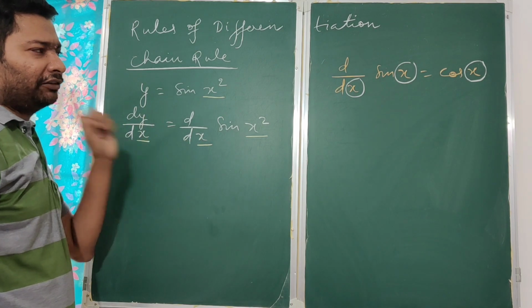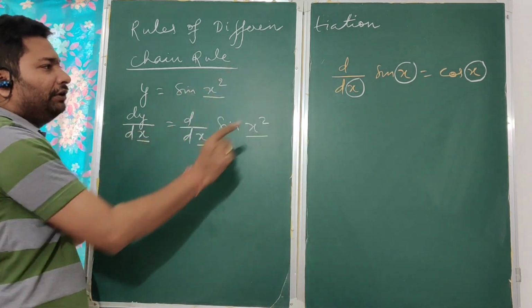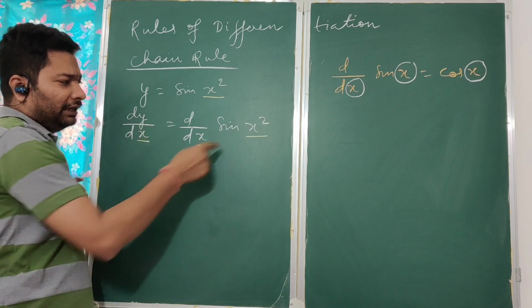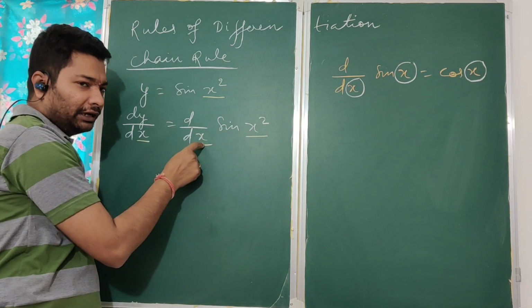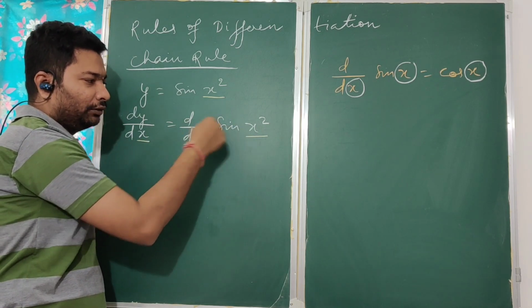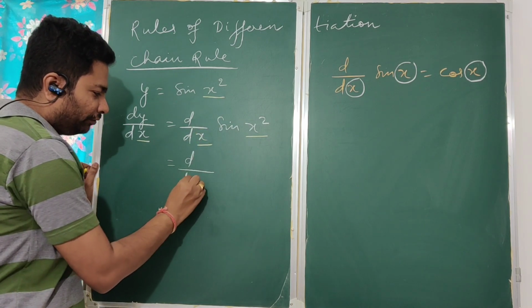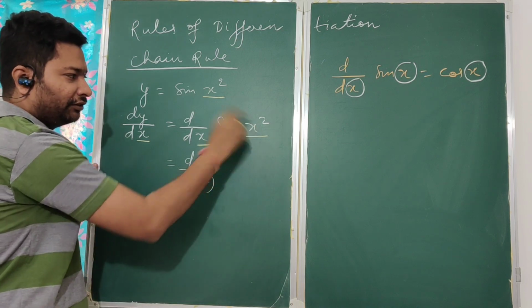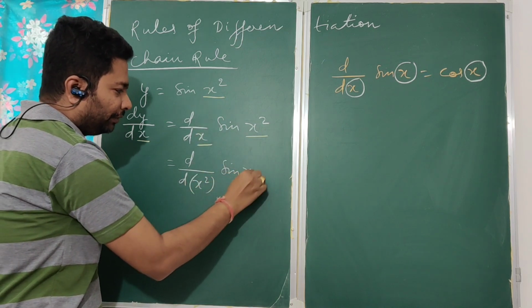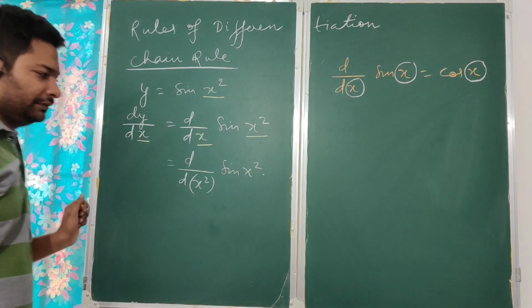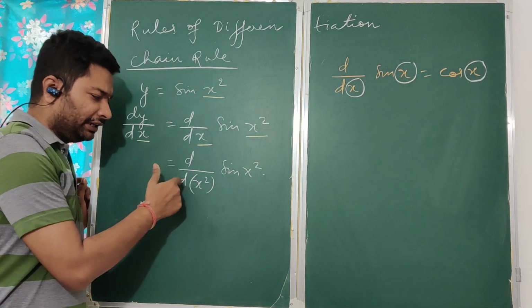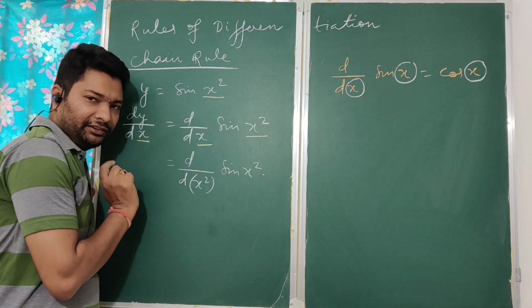What we do is, I am explaining you the basic thing, we have to make sure that whatever is here, the same thing should come here, so that you can carry out the differentiation. So you put here d of x square, because x square is here. Now this has become one term, into, in the denominator, d of x square.